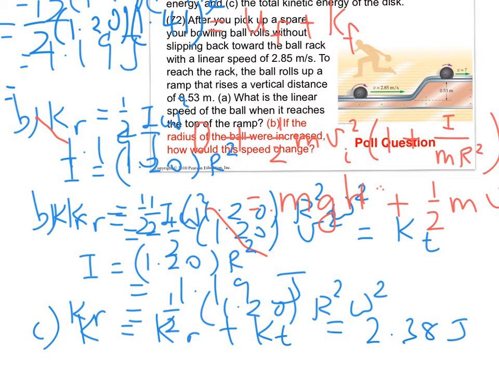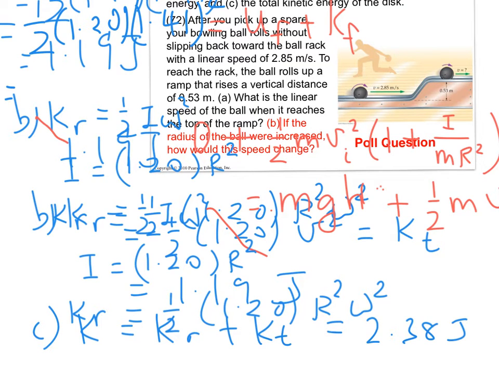Okay? The reason I put it in this form and not put any numbers in is because in order to answer part B, you cannot substitute all the known quantities in, because at the end you don't know how it depends on R. But if you put everything in terms of just symbols, then it's very clear in the end it doesn't depend on R. And therefore the answer to the question that is asked, if the radius of the ball increases, how would the speed change?